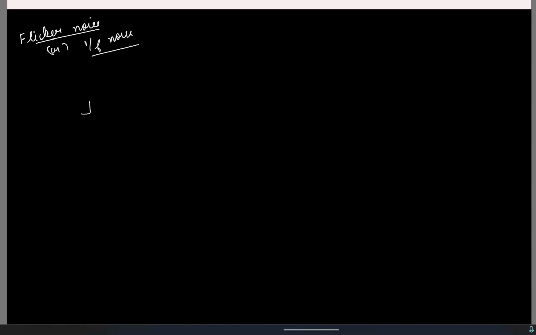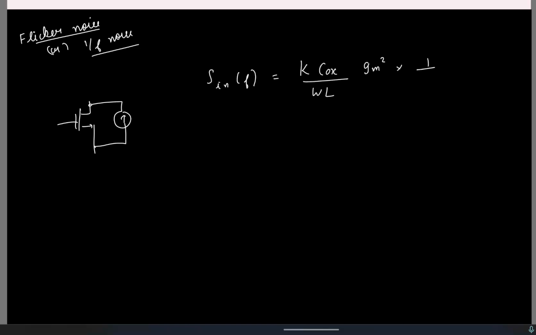So even the noise due to flicker noise, we can model as a parallel current source. The power spectral density of this flicker noise is some constant K. It's not the Boltzmann constant, I will use a capital K. K times Cox by W L squared times 1/f.